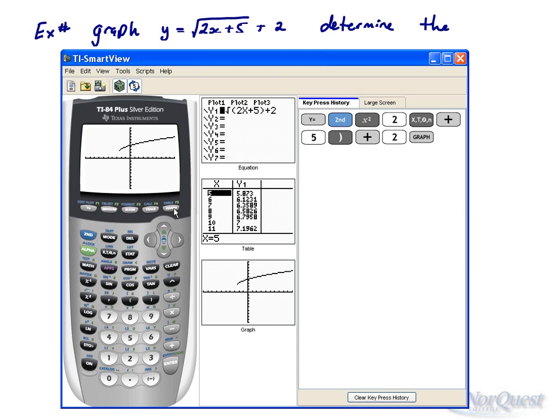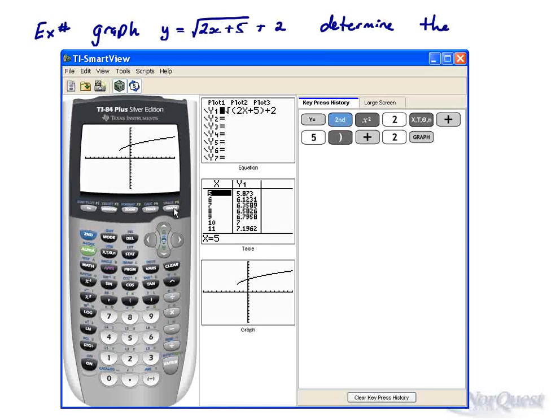So in this case, what we're going to do is just look at the domain and range. Now to find the domain, you'll notice that we have some magic number in there that we have to find as our lowest point. The easiest way to figure this out is you have to remember that whatever's inside the radical sign has to be positive. You cannot take the square root of a negative number.